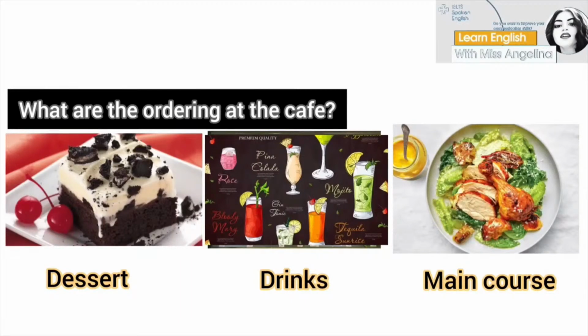Recording 2. Well, the most difficult thing for me is to decide what do I want to order from the main course. This cafe doesn't have a lot of options, so I'm gonna go with 4 cheeses pizza.